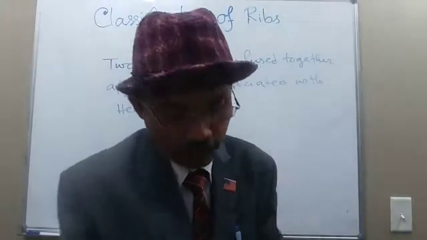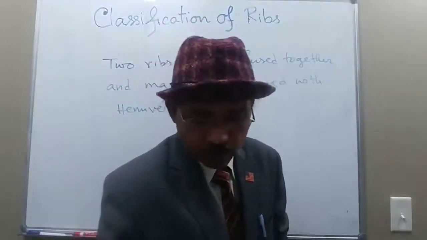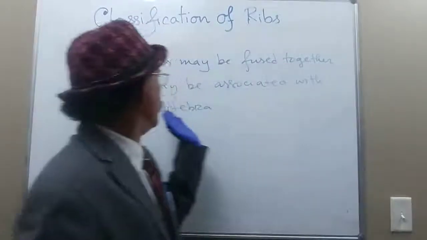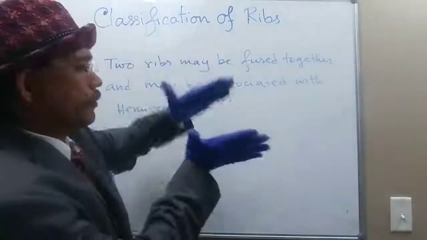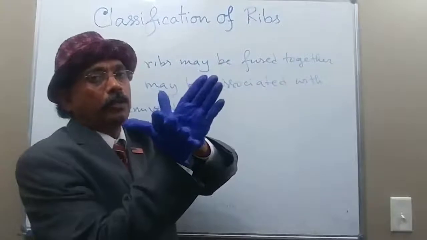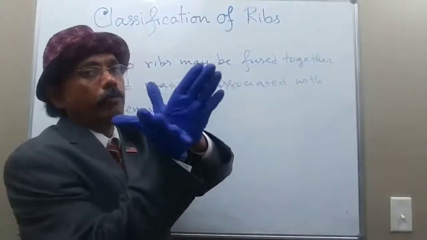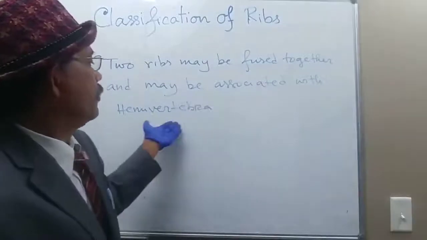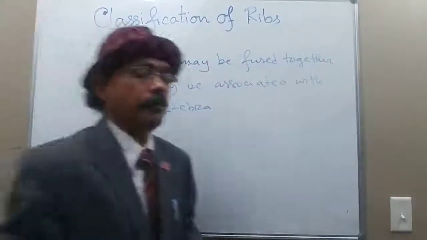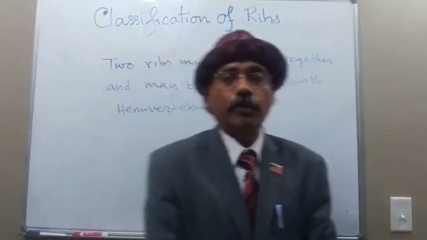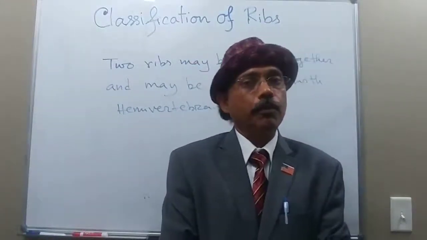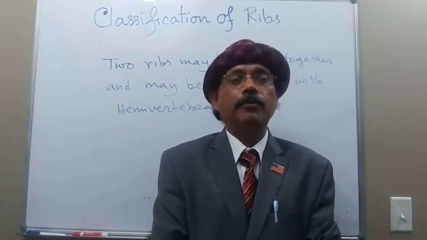That may lead to scoliosis in some individuals. Okay, so the two ribs may be fused together, usually posteriorly, anteriorly it looks like a fork, and this may be associated with hemivertebra. So that's all about the classification of the rib and also the clinical importance of the accessory ribs.